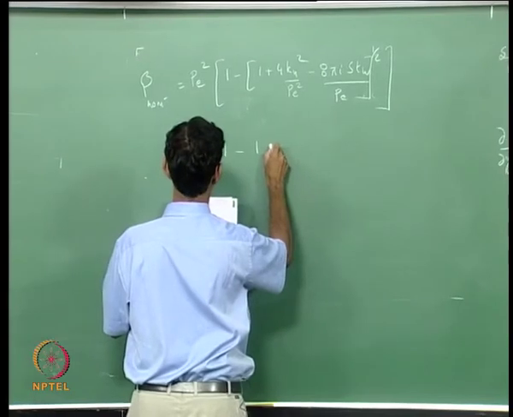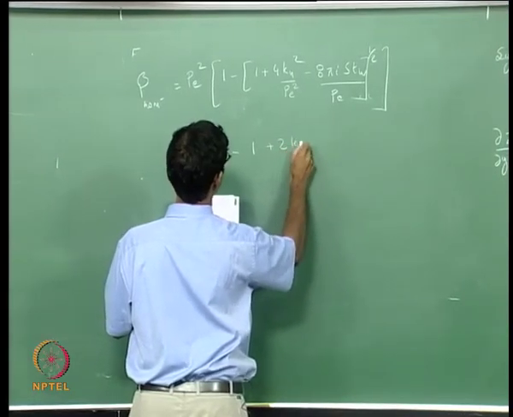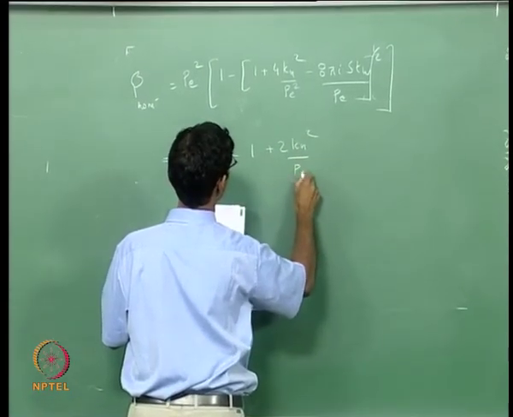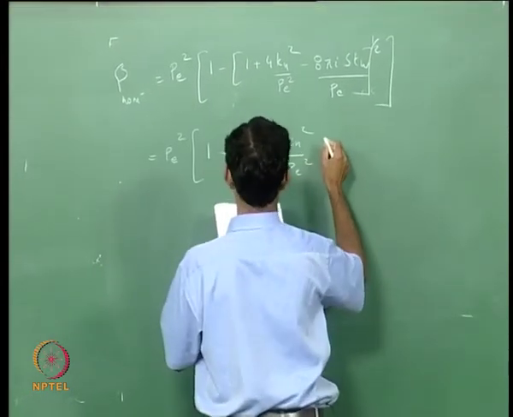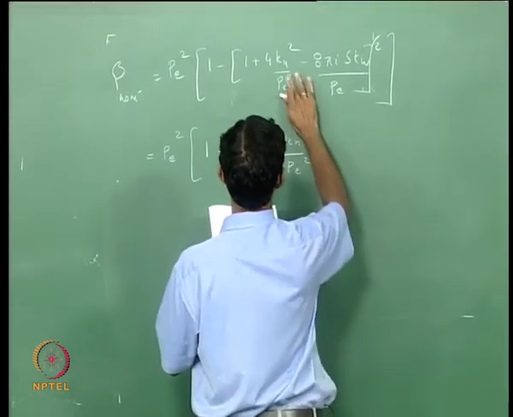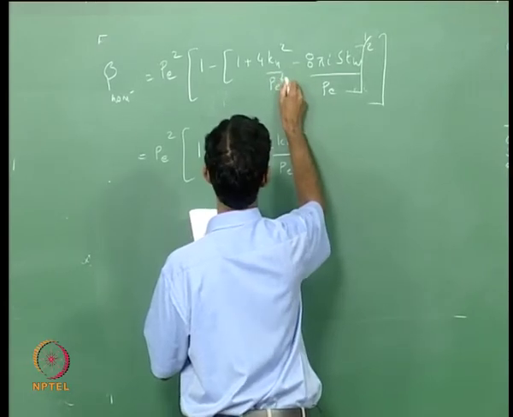Minus 1 plus 2 kn squared by p squared, actually this should be p power 4, right, yeah.